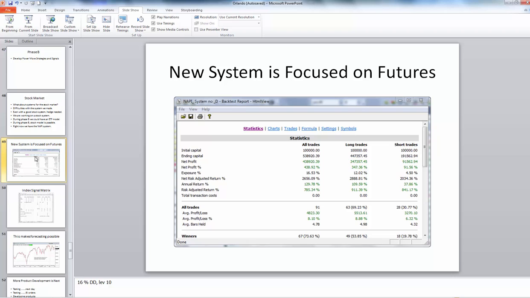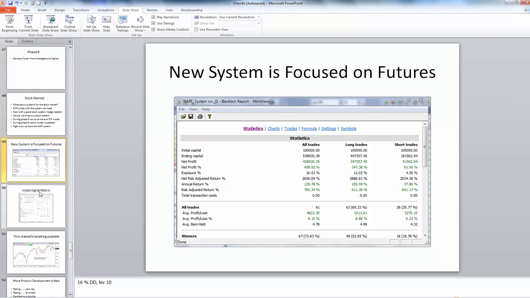And remember, this uses futures, so you would expect to see numbers in the annual return department a bit higher than normal. So having 129% here is not unusual because futures are normally 10 to 1 versus doing something like the index itself.